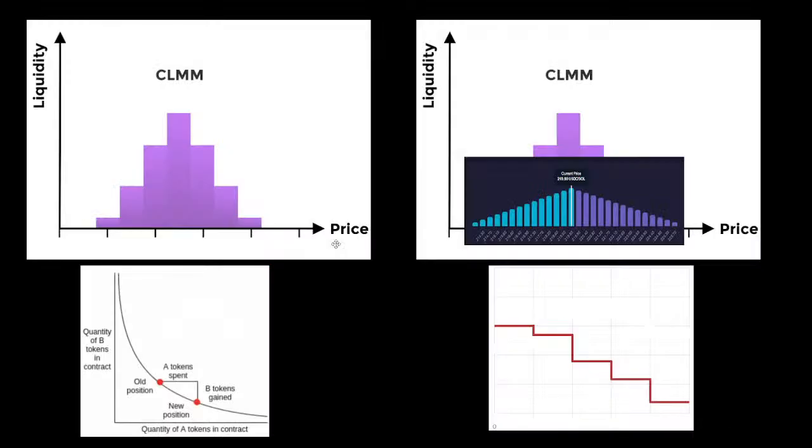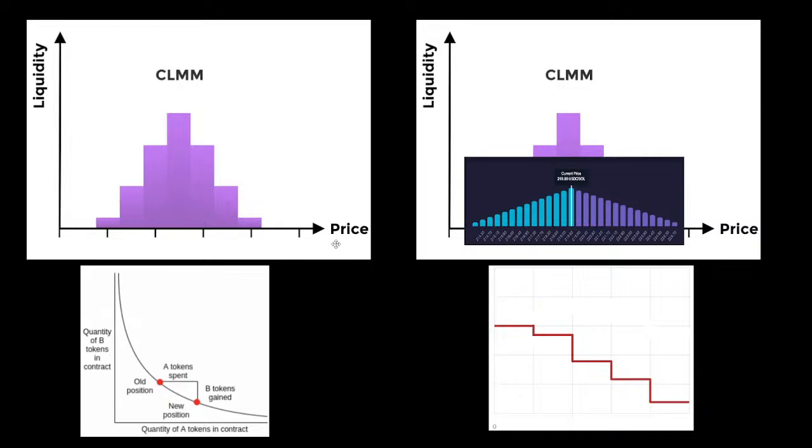To give you an idea, dynamic liquidity market maker pools are basically very similar, not very similar, they're actually CLMM pools. The only difference is the way that the liquidity is being used and distributed in these pools.